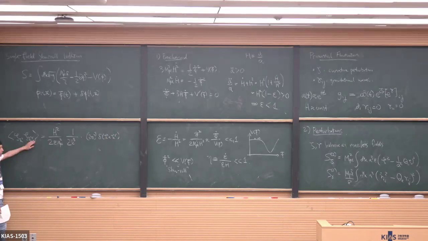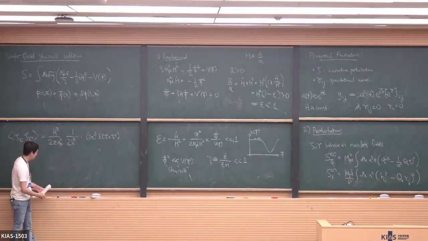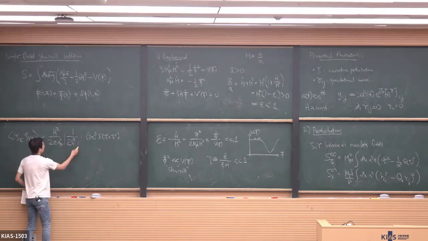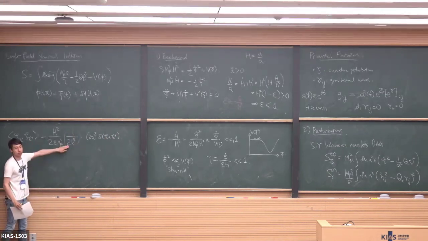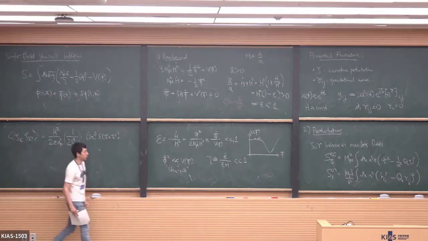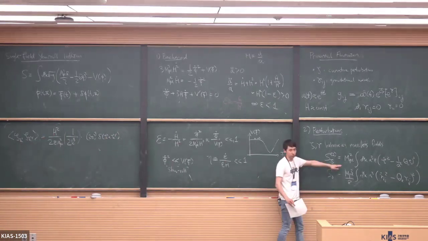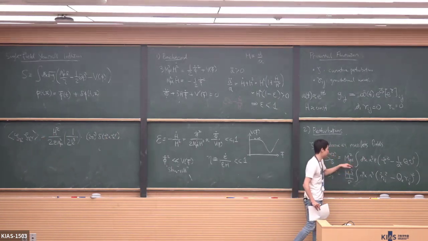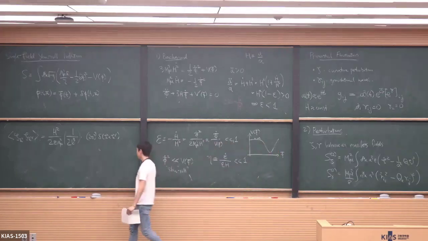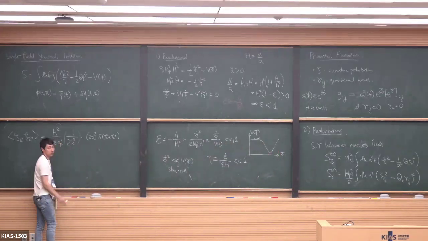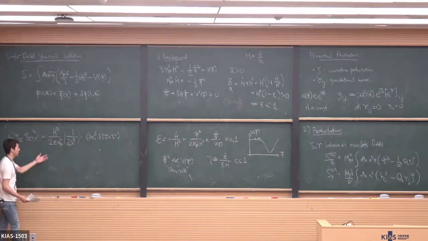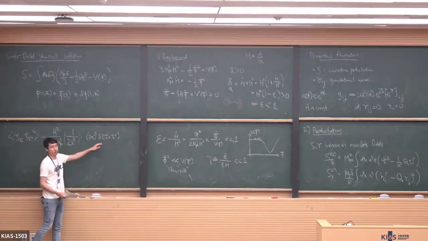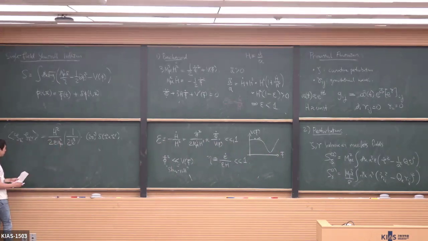Okay, so let me explain how these various factors come about. This part, 1 over twice k cubed, is basically the standard power spectrum for a canonically normalized scalar field. And we get this extra prefactor from the non-canonical normalization of zeta in this action. So basically, we get H squared divided by M Planck squared times epsilon. And this delta function is a result of translation invariance, which imposes spatial momentum conservation of these two momentum vectors.